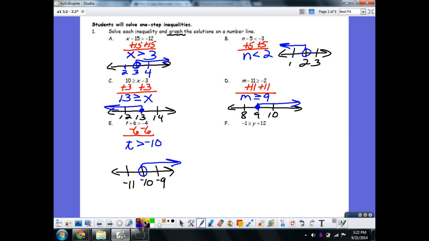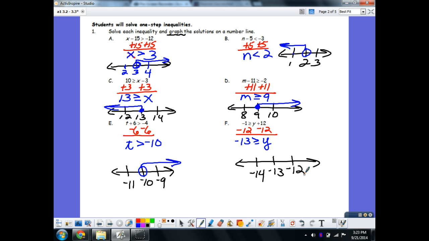And finally, the last example of this video, we will subtract 12 from both sides. So we get negative 13 is greater than or equal to y. And to graph that on a number line, again, being very careful, if we put negative 13 there, negative 14 goes on the left.